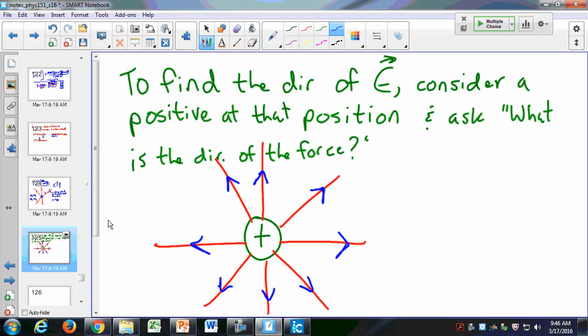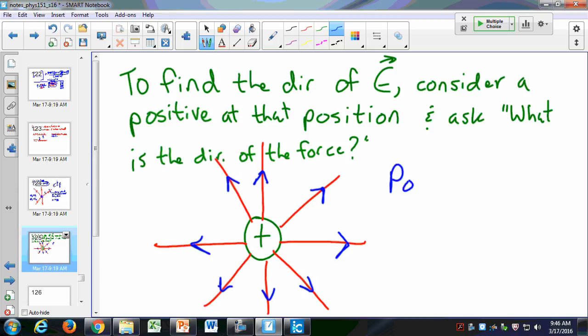So to find the direction of my electric field, I just consider the direction that a positive particle would feel a force. And so the opposite of that is also true, that a positive particle will always feel a force in the direction of the electric field. You'll see how those are connected? A positive particle will always feel a force in the direction of the electric field. And again, we'll see that in the nerve cells and how the positive particles will follow the direction of the electric field. Let me write that, just make sure that writes clear.